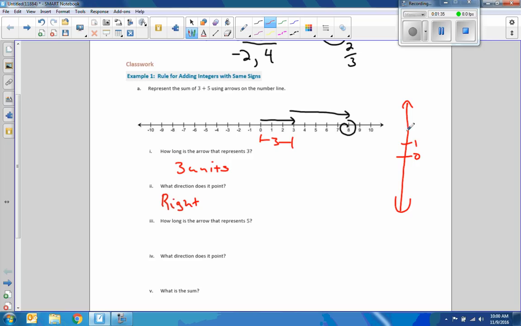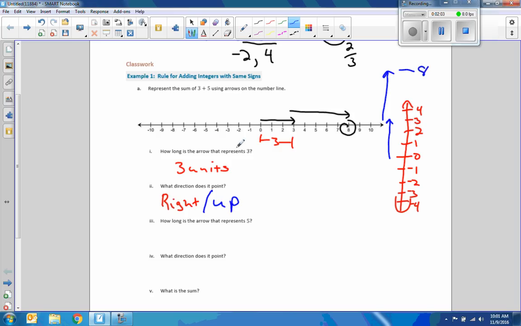And if we do a vertical number line, numbers increase as we go up and they decrease as we go down. So if I did the same thing on this one, I started at 0 and I went to the right 3 and then I went to the right 5 more, I'd be up here at 8. Okay, so what direction does it point? Right or up.